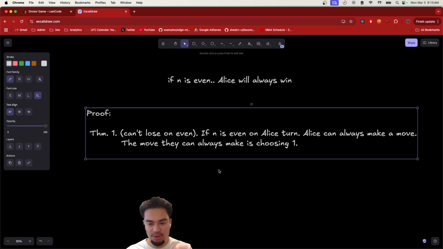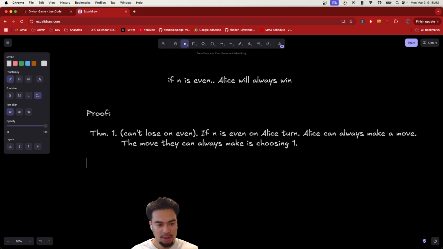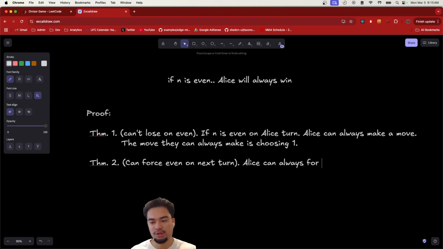So if they can't lose on even because they can always make a turn, I'm going to prove another theorem: Alice can force even on the next turn. If they're currently on even, they can always force themselves to get back onto another even.